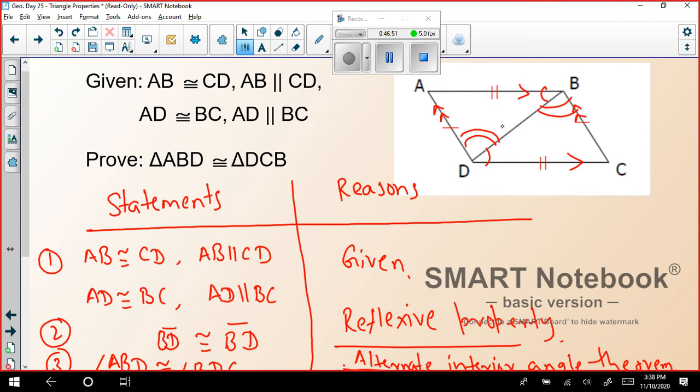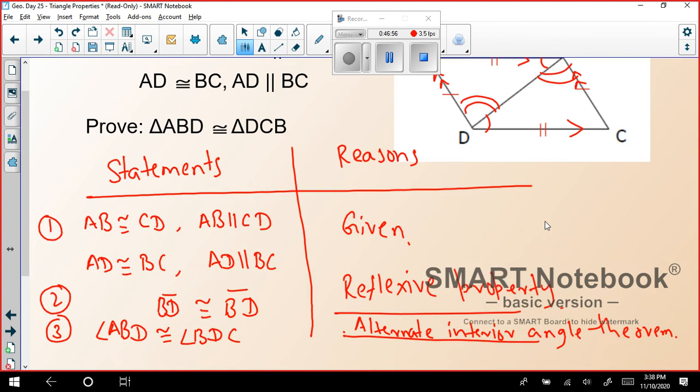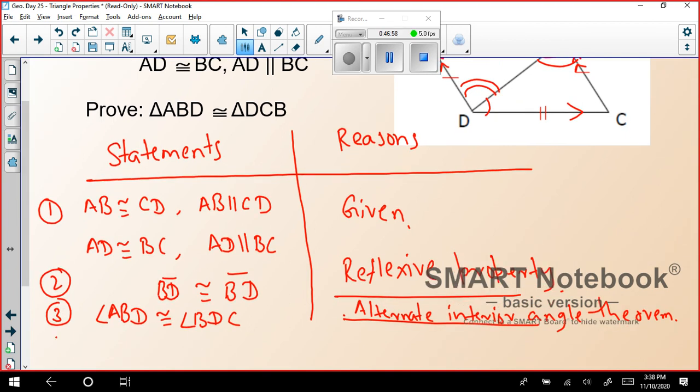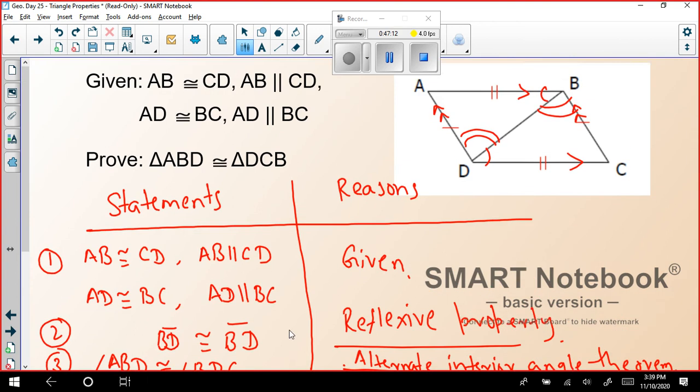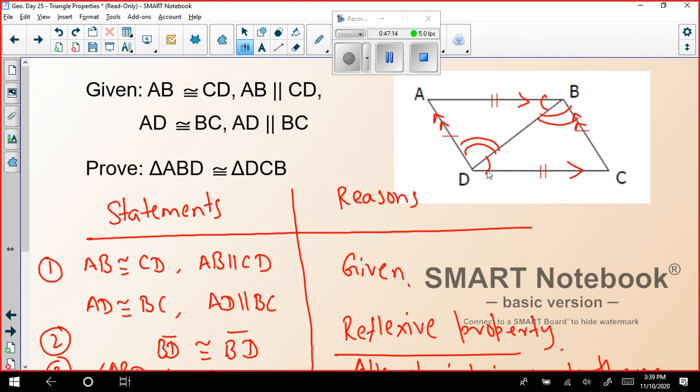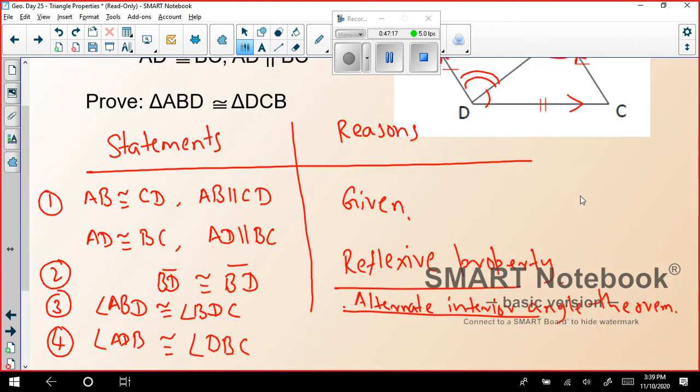BD will act as a transversal. I'll have ADB congruent to DBC, same reason, alternate interior angle theorem. I'm not writing it, I'm just using this mark to indicate this is the same reason.